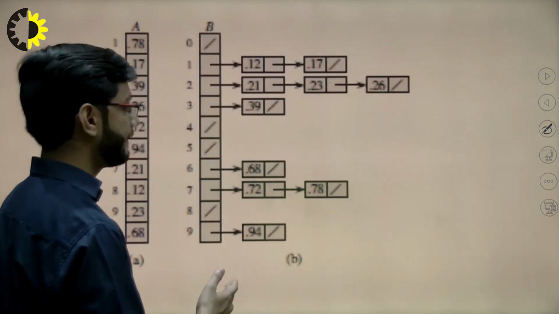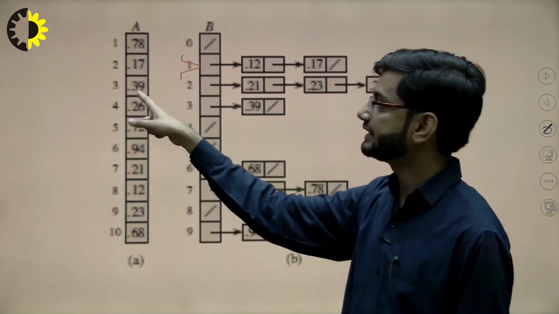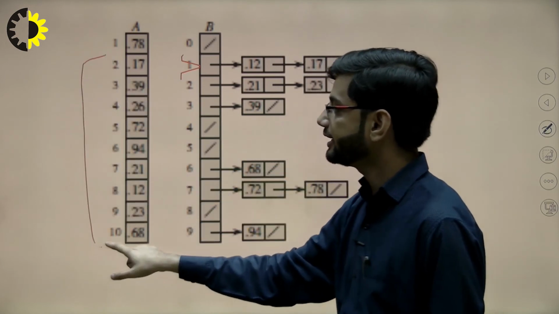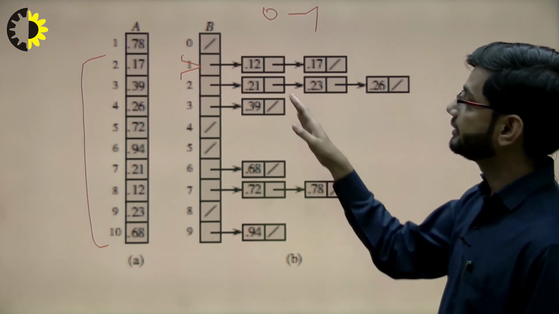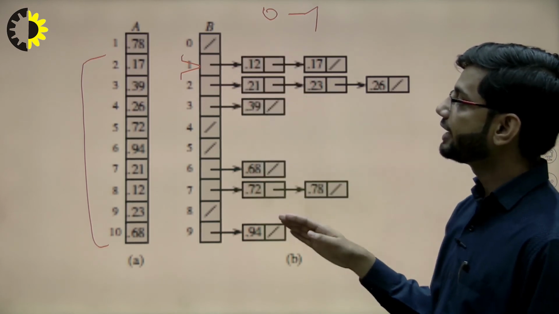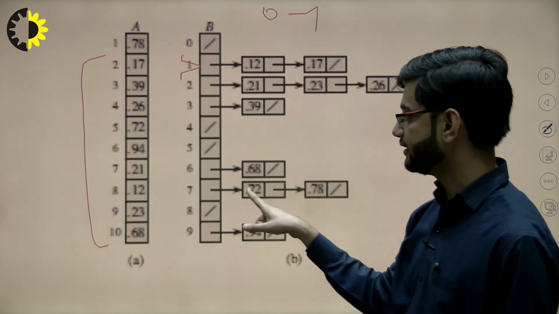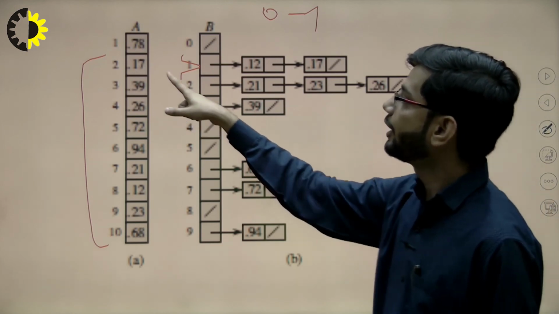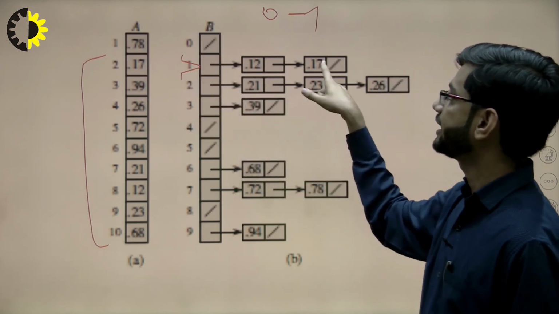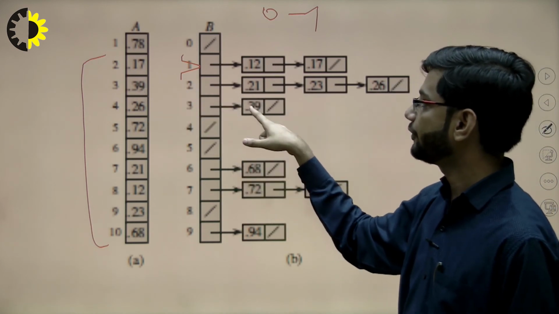So this is your implementation diagram. This is the input array, 0.78, 0.17. All the elements are in the range 0 to 1. And this is the bucket array. For example, 0.78 will be kept in the 7th bucket, along with 0.72. 0.17 will be kept in the first bucket, 0.39 will be kept in the third.